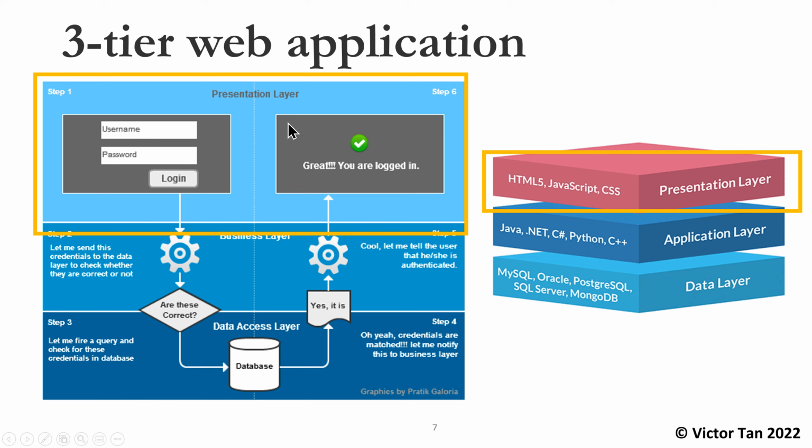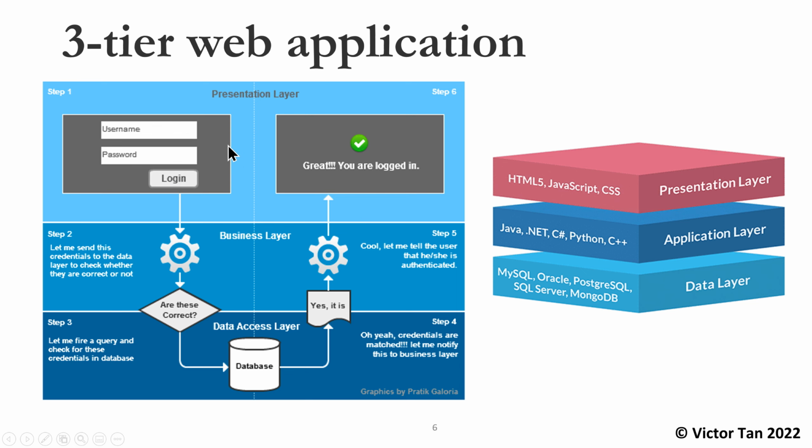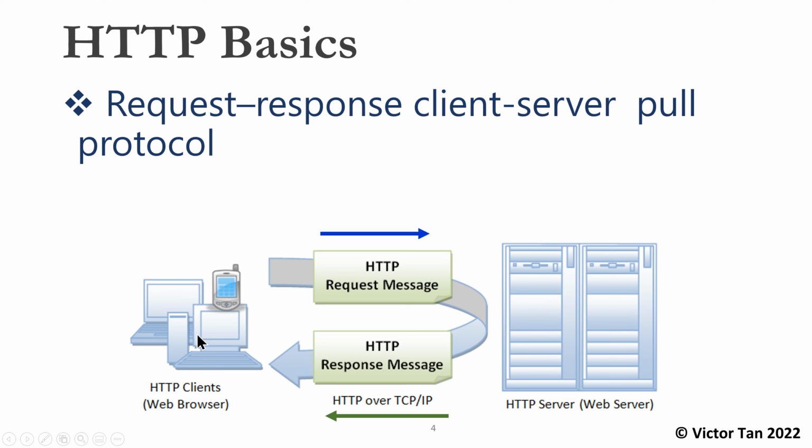Then this presentation layer is going to communicate with your application layer, the second layer or the business layer, through an API call that is sent through HTTP requests. So this presentation layer that you see here is going to be running inside your client, which is a web browser, and it's going to send HTTP request messages through what is called a web API, which we are going to study in more detail in an upcoming lab in this workshop.